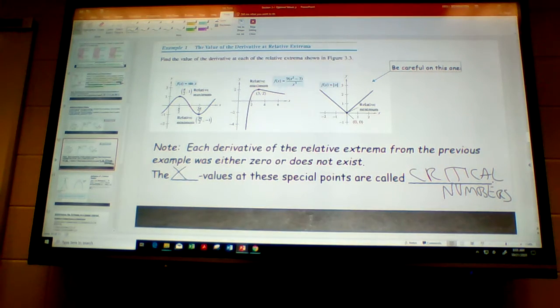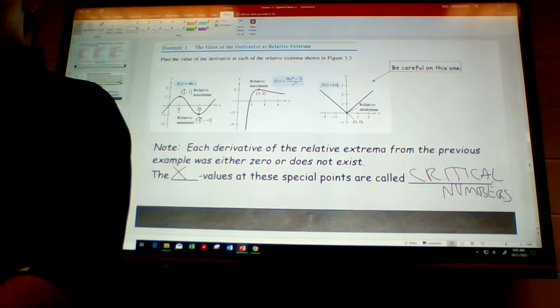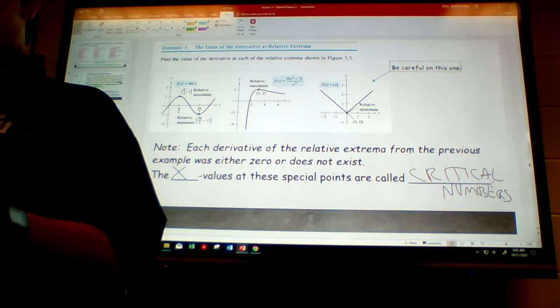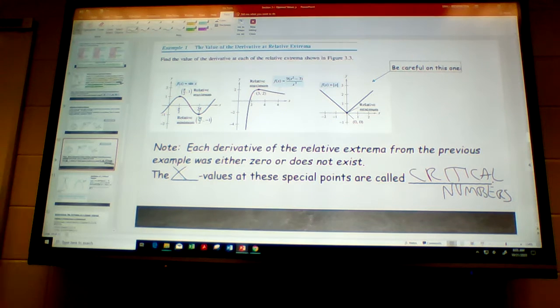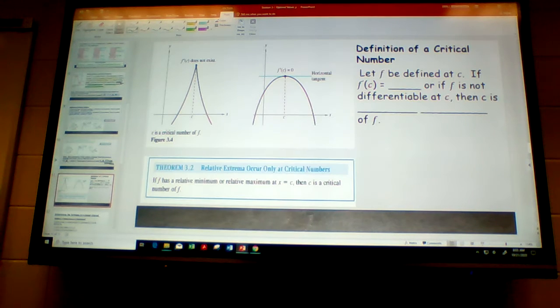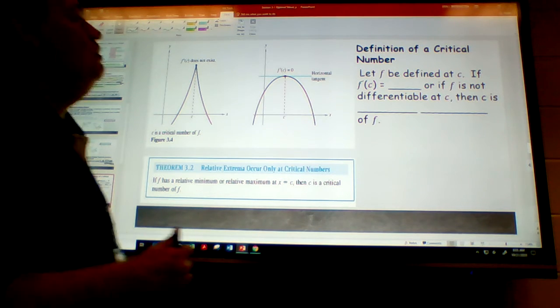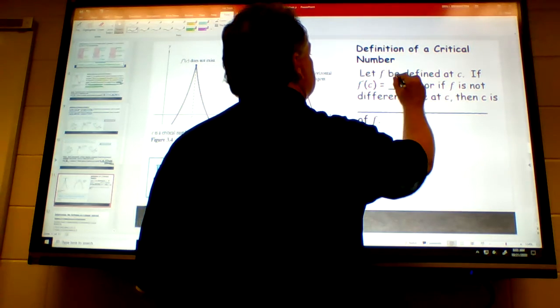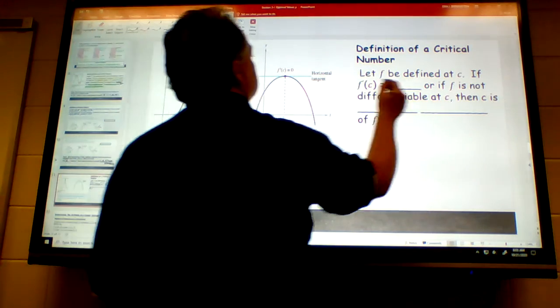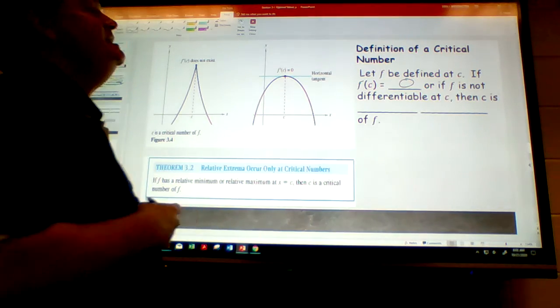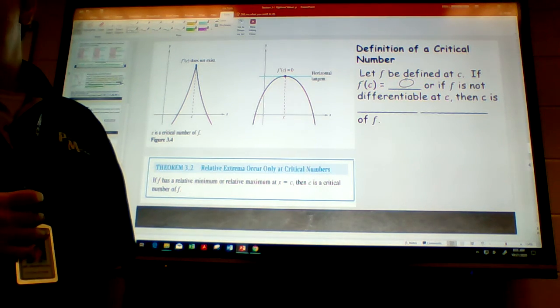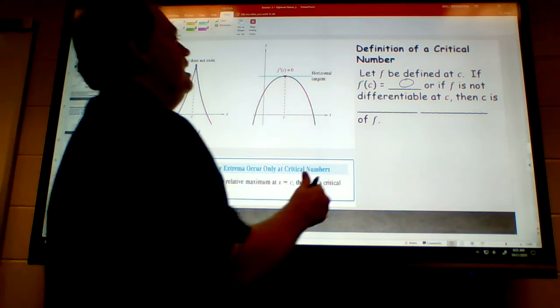All right, now, the definition of a critical number is as follows. Let f be defined at c. If f prime of c equals 0 or if it is not differentiable at c, then c is a critical number of f.